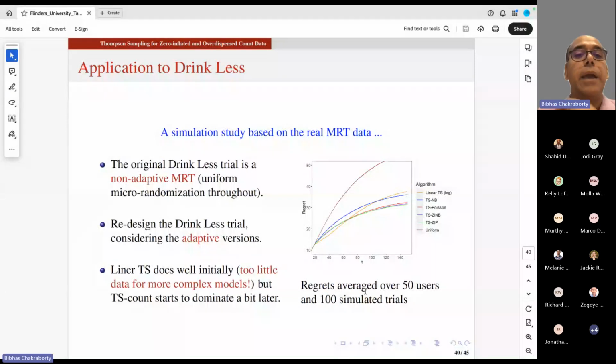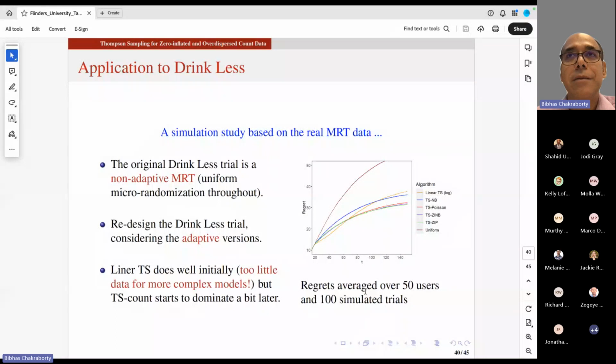Okay, so now we come back to the Drinkless study. Remember, the Drinkless study was not done in an adaptive way. This was a regular micro-randomized trial. So here we use that data. We do a simulation study based on the real MRT data to see, if we were to redesign the trial considering the adaptive versions, how would that look?